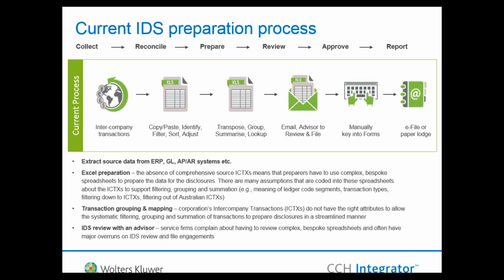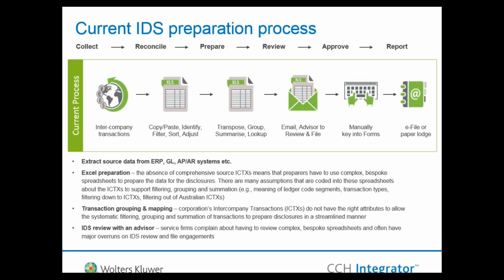You then decide to actually create an Excel template or templates to then copy, paste, identify, group, sort, filter, transpose, and summarize these transactions. So these Excel templates are being created by US taxpayers to effectively get your IDS disclosures into a format so that those disclosures can then be populated into the IDS form.